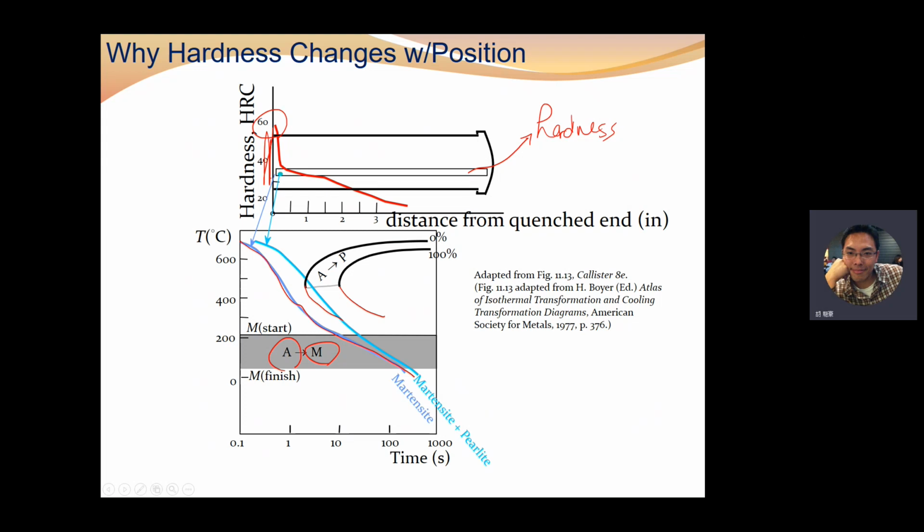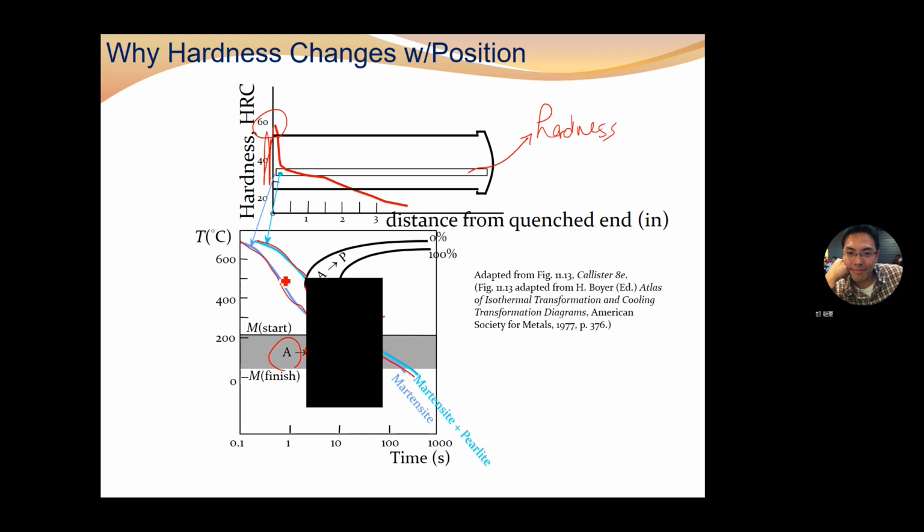Okay, and at the second point, the point close to the nose but not at the nose, the cooling curve touches the TTT curve, right? It touches here.